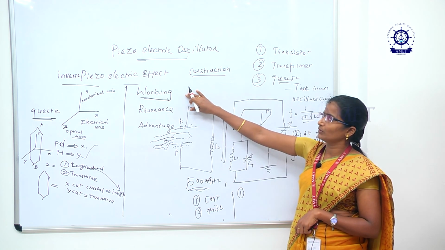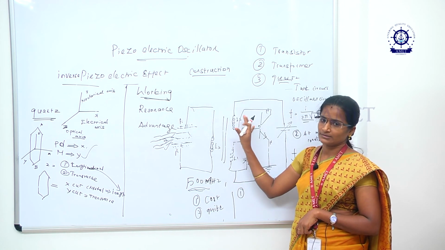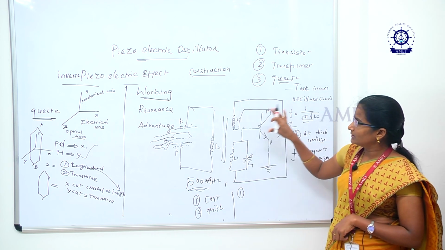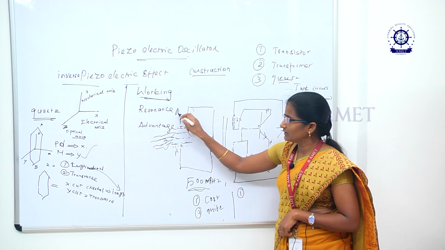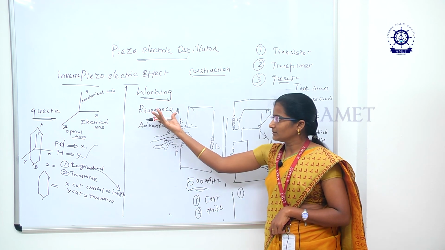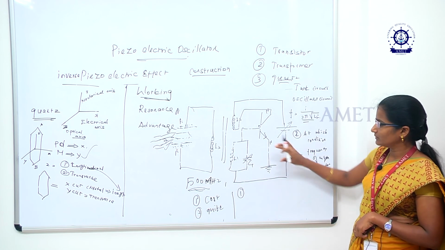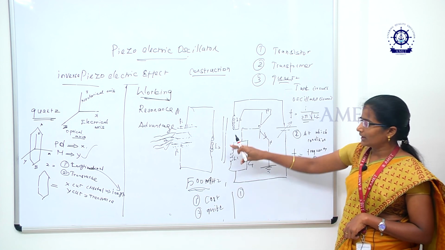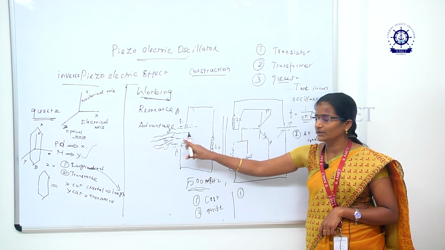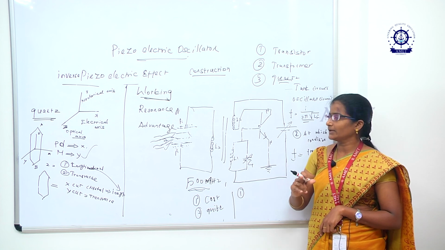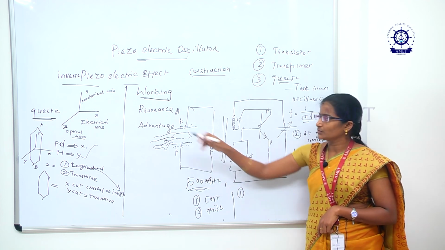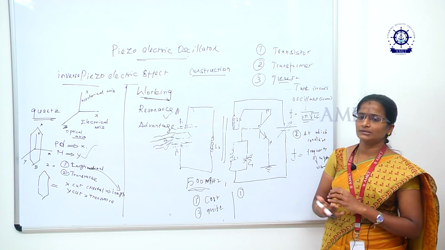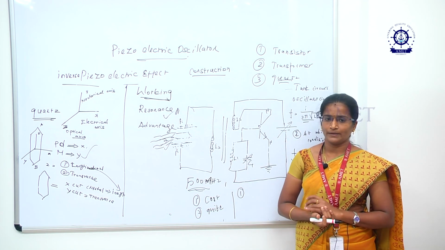Based on this principle only, the piezoelectric oscillator works. In the piezoelectric oscillator circuit, the main thing is resonance. The resonant point is the point at which the frequency of the oscillator circuit exactly coincides with the natural frequency of the quartz crystal. That time only the quartz crystal produces ultrasonic waves. So, these are the main things, and this is the learning objective of this topic.